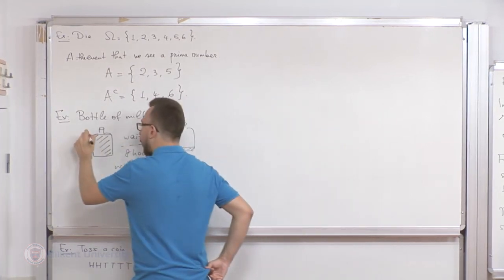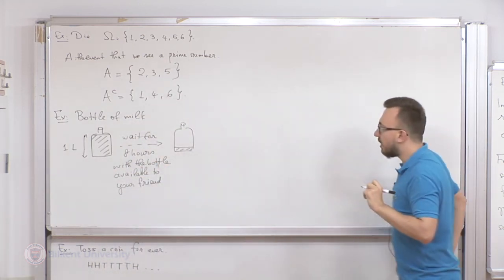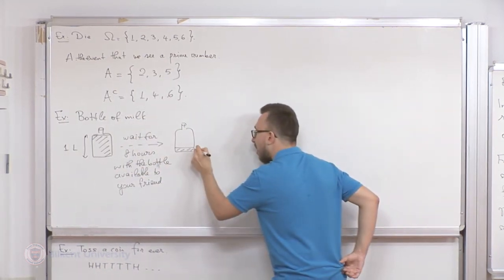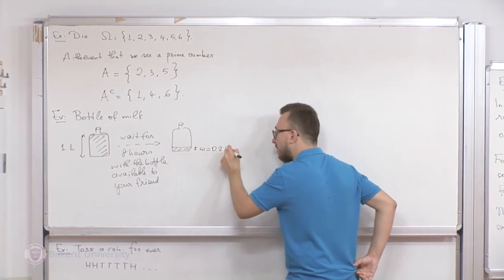Let's say this was 1 liter, okay? So now this is omega in liters. Maybe it is 0.2 liters now.